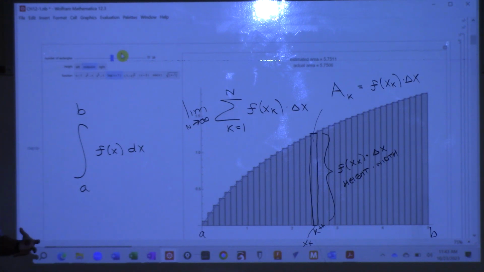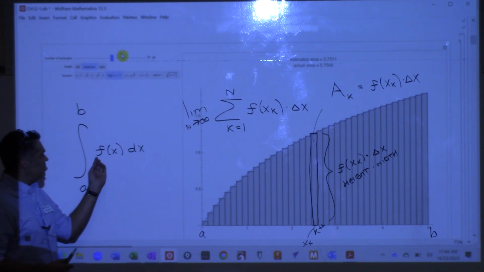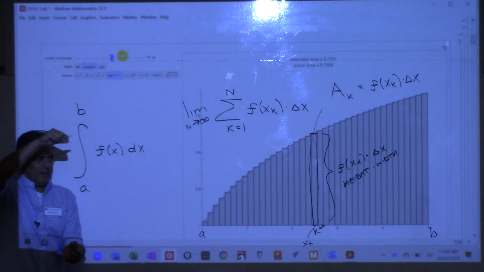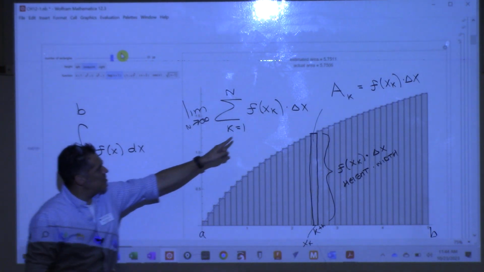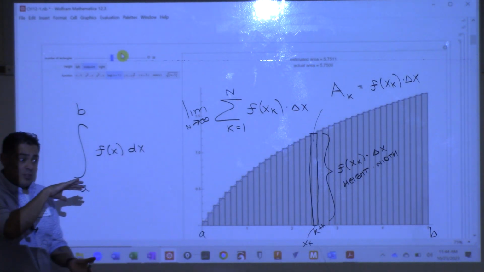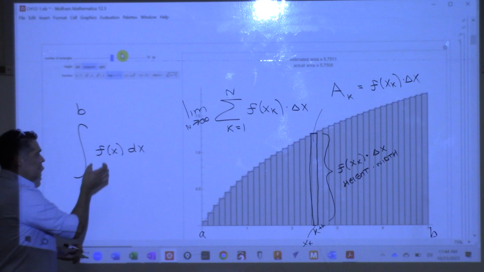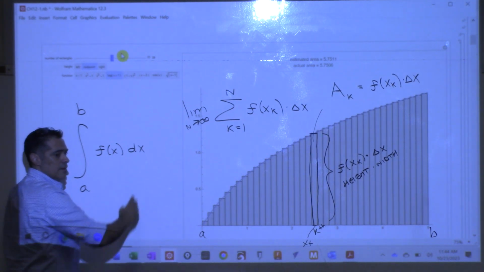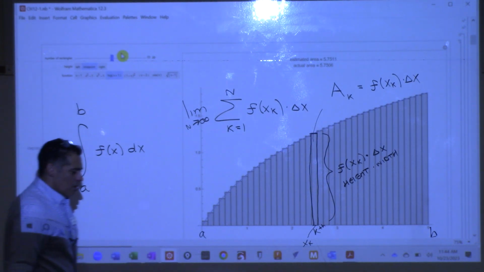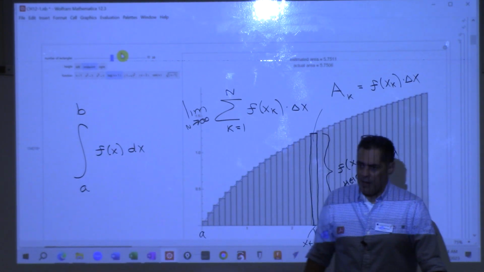What are those things? Well, it's the function evaluated at some value x. It's the height of the function, times the dx, like the delta x, some infinitesimal width. So these are a bunch of areas, height times width, height times width. Yes? Okay, that's at the heart of what that integral sign represents.